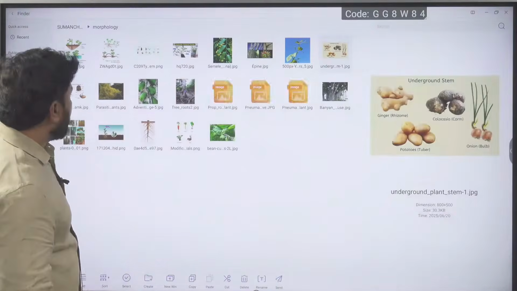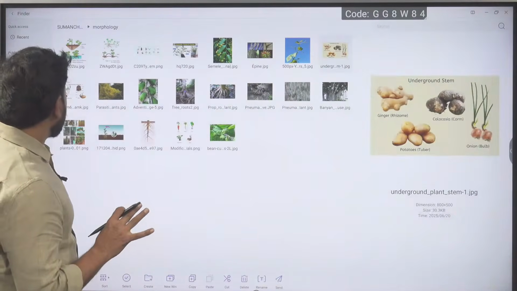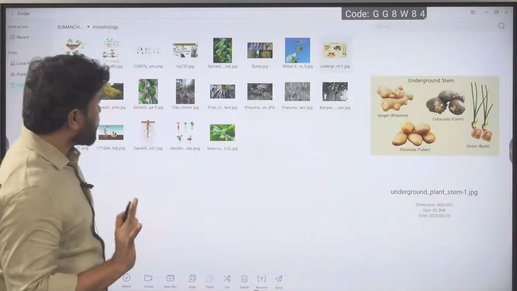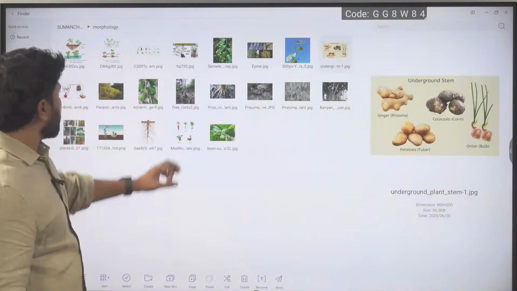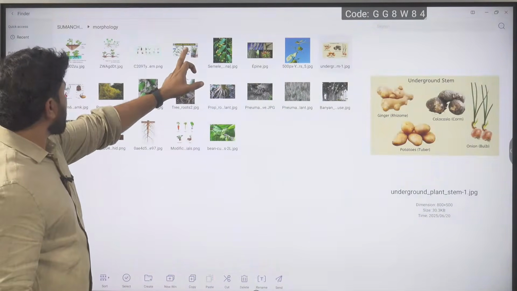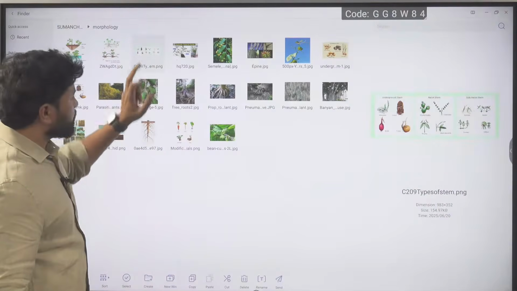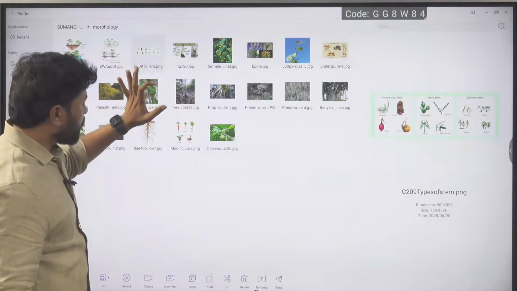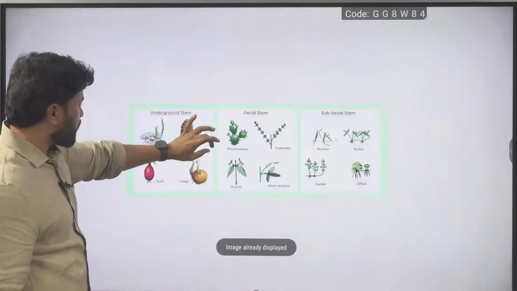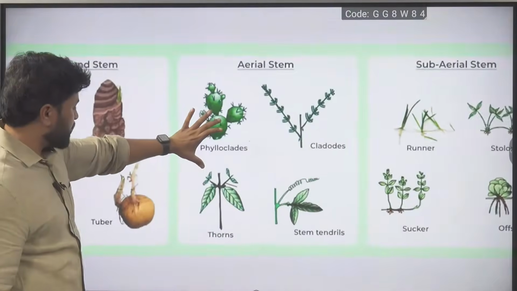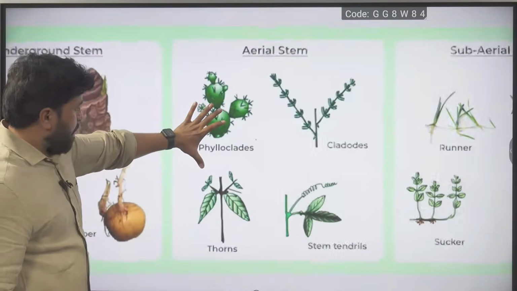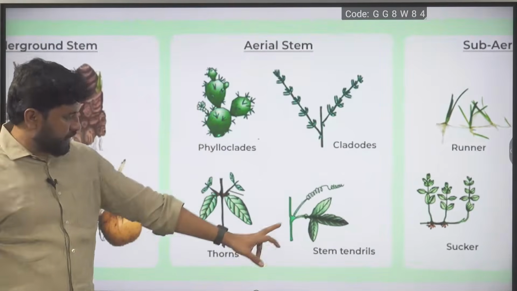See, phylloclade. These are aerial stem modifications. Look at this. See, tendrils.